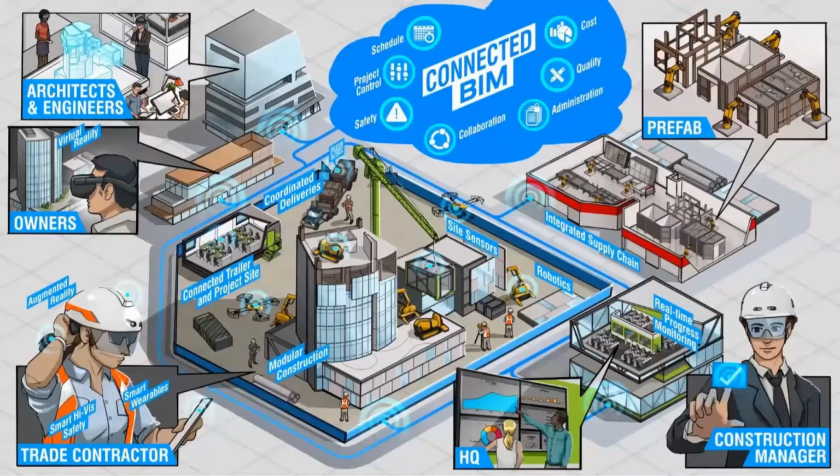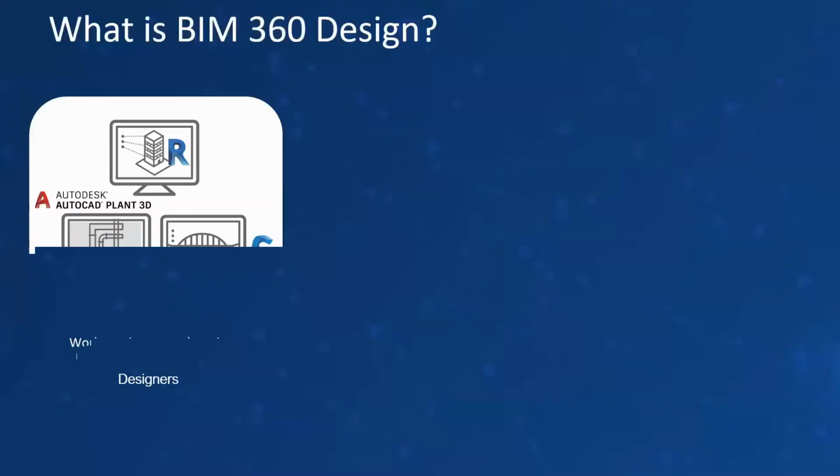Through these different roles in the project, we have the connected BIM. From the schedule and project control up to the cost and quality, BIM applies with BIM 360. So what is BIM 360 Design?